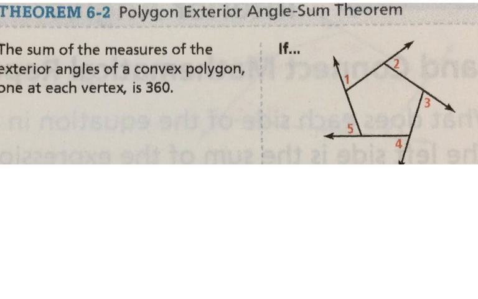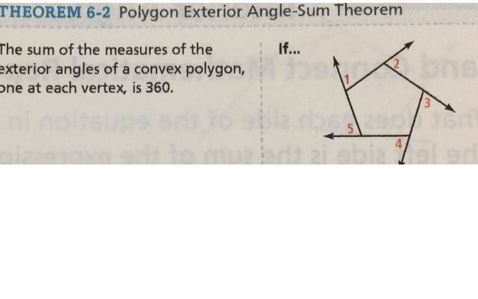I have these 5 green interior angles. But then I also have what's called an exterior angle. Interior means the angles are inside, so an exterior angle means we're looking at the outside. So the red angles are outside my shape. Here's what the exterior angle sum says. No matter what shape it is, no matter how many sides, when you add up all of the angles outside, you're going to get 360.